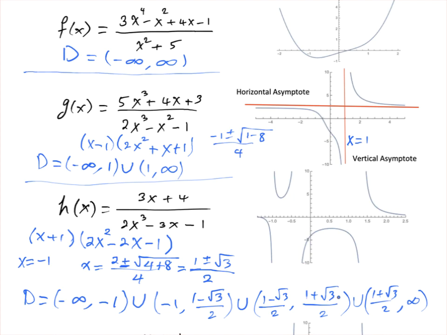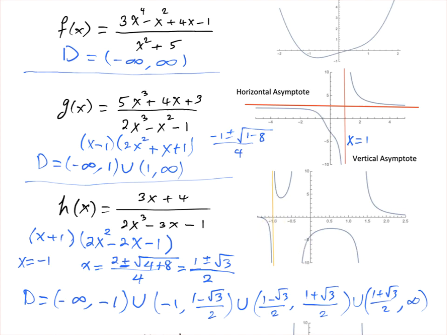Now let's look at the vertical asymptotes. At every one of these three numbers, at negative 1, 1 plus the square root of 3 over 2, and 1 minus the square root of 3 over 2, you have a vertical asymptote. So here, where they are, at negative 1, I think that would be about here, right? That's 1.